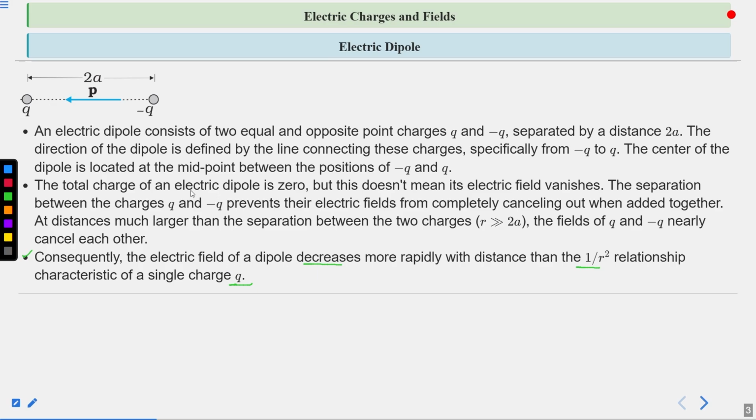We know the electric field, denoted by E, is inversely proportional to the square of the distance, that is E is proportional to 1 upon r square. If the electric field of a dipole decreases, it means the distance is much larger, and if the electric field is increasing, it means the distance is small, because of their inverse relation.